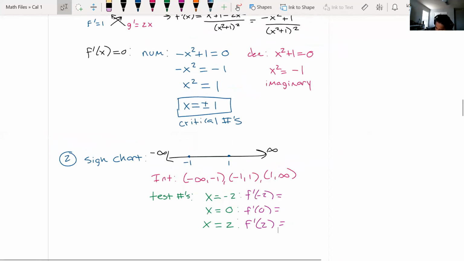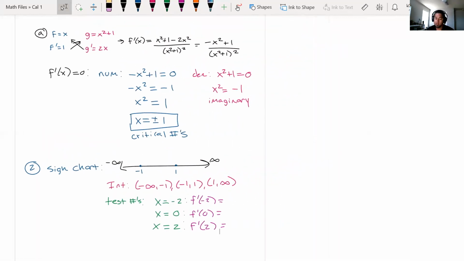And let's see. If I plug in negative 2, that'd be negative 4. It'd still be negative 4 plus 1. So you get negative 3 over 4 plus 1 squared. So negative 3 over 25.